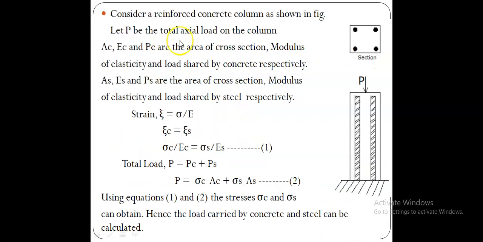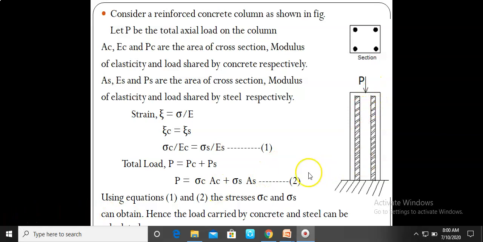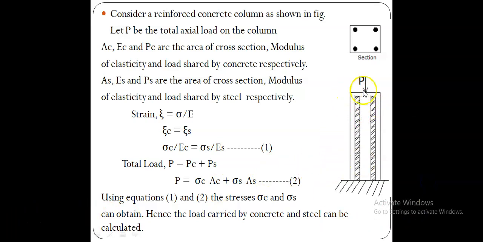Let us see. This is explained in this illustration. Here we have a column. The column is to be considered as a composite member because it consists of a concrete column, and inside the column the rods are also being used to carry this axial force P. So this column is made up of concrete as well as steel.